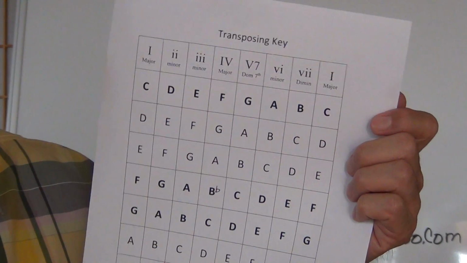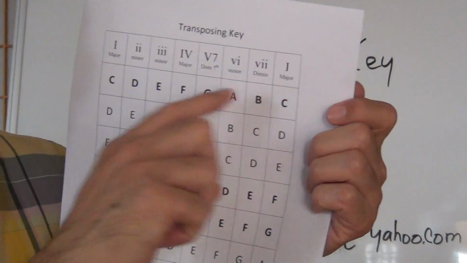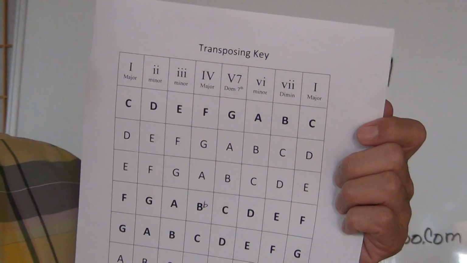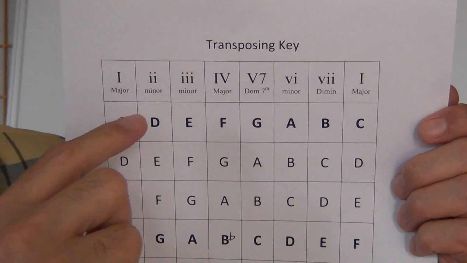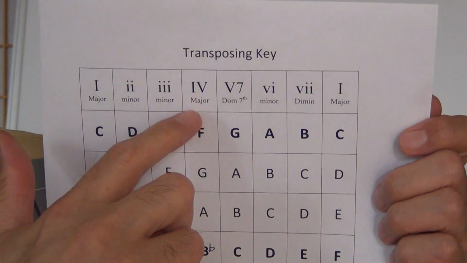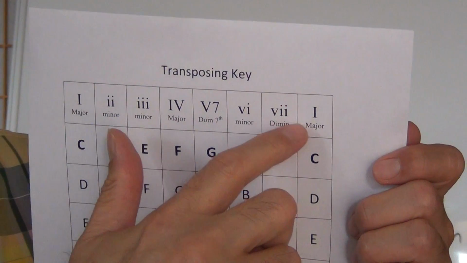Okay, a couple of things I want to explain to you about the sheet and to keep in mind. You'll see at the top there are Roman numerals. You see a 1 there, 2, 3, 4, 5, 6, 7, and 1, back to 1 again.